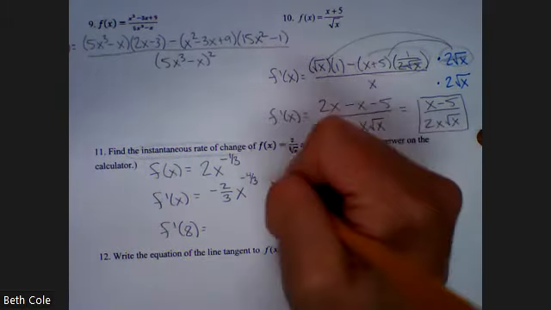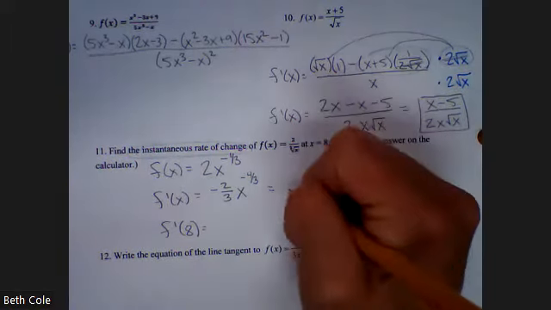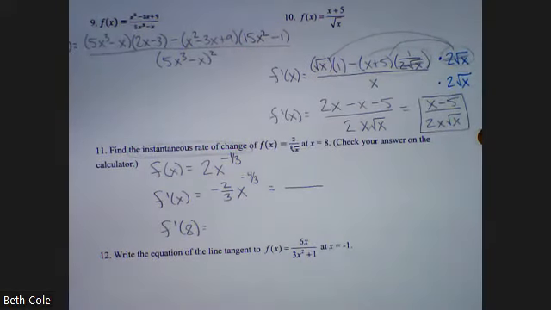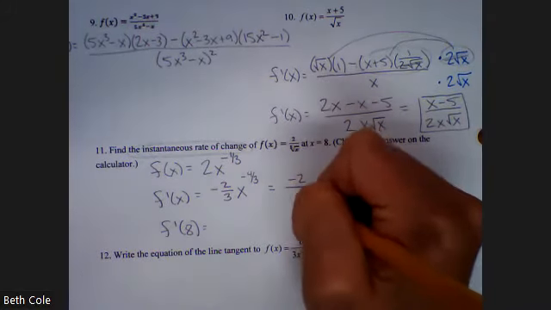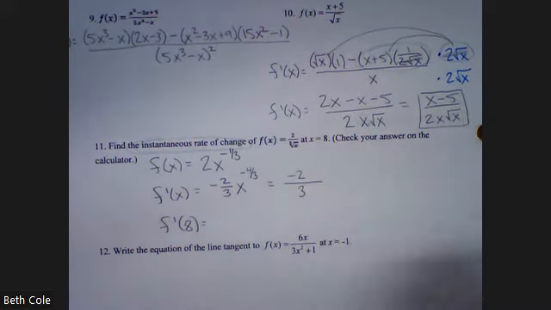And I'm going to rewrite that before I plug in the 8 because there's a lot of negatives and I would like to fix that. So usually what I'll do is draw a fraction bar and then decide what goes upstairs and what goes downstairs. So we've got that negative 2/3 that is just going to have to stay like that. X is going to go on the bottom because it's negative, and you want to write it as a root.